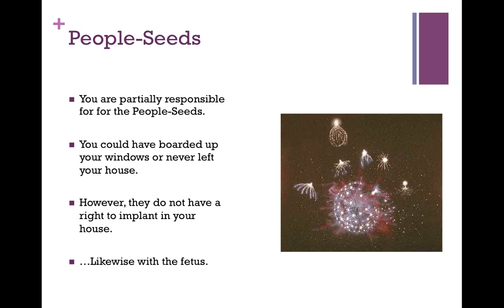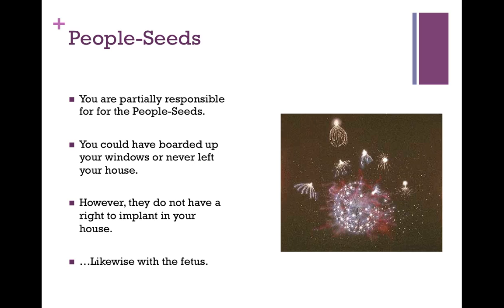And so what Thomson says here is this second disanalogy doesn't hold. She says that, again, the disanalogy was with the violinist, you're not causally responsible, whereas with the fetus, especially through voluntary consensual sex, you are. And you can see here the analogy she's pushing with the people seeds would be a case of protected sex, right? The screens on the windows represent condoms, the chemicals to kill them, that's like some kind of spermicidal gel or lube or something like that.